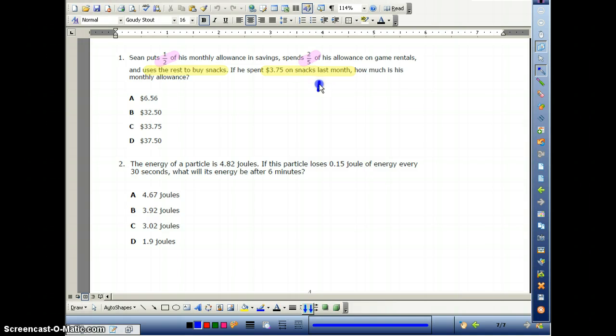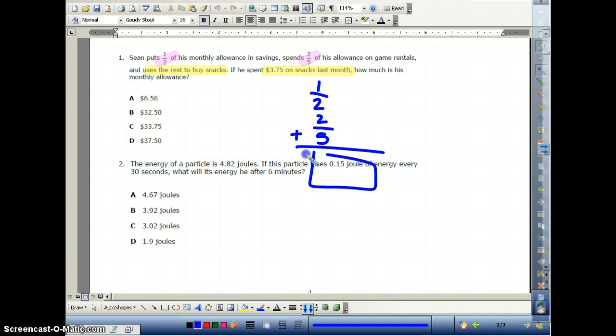So the first thing you need to do is take 1/2 and add 2/5 to it and get an answer there. Okay, common denominators, add those together. Once you get this answer here, subtract that from 1 whole. All right? That's the fractional part of his allowance that was used to buy snacks.